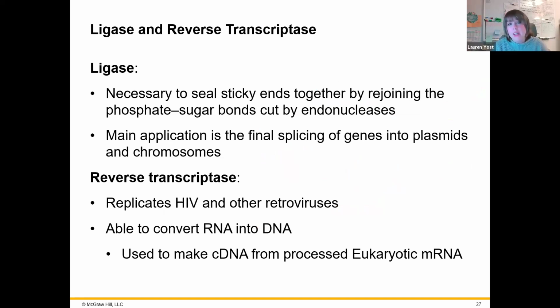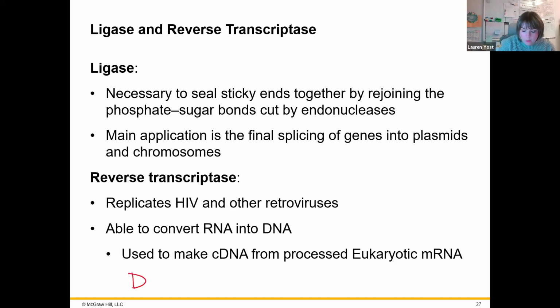So I told you, if I take processed RNA from my pancreas cells that's already been spliced, we already brought those exons together and removed those introns. In order to turn RNA back into DNA, that's a process that our body can't do. That's something that we didn't think existed until we discovered HIV and other retroviruses produce this special enzyme called reverse transcriptase.